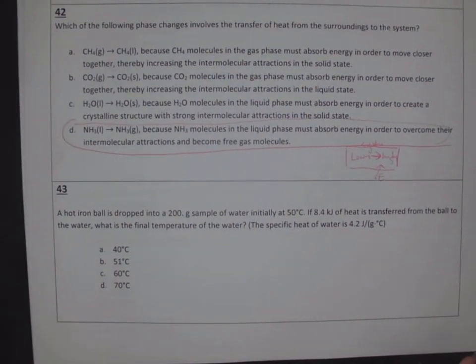Okay, number 43. A hot iron ball is dropped into a 200-gram sample of water initially at 50 degrees Celsius. If 8.4 kilojoules of heat is transferred from the ball to the water, what is the final temperature of the water? Okay.